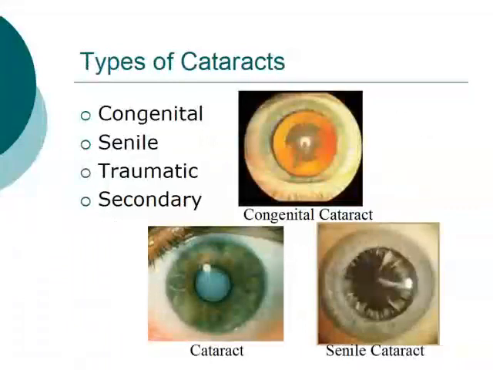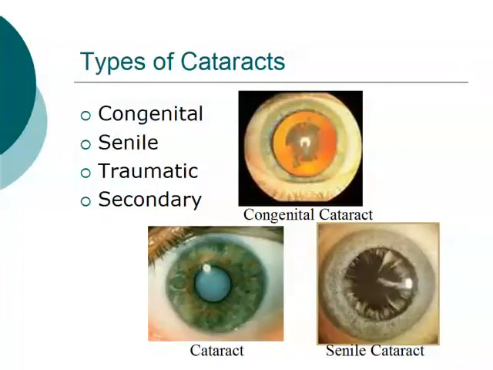Congenital cataracts can be caused by the mother being exposed to the rubella virus during the first trimester of pregnancy. Senile cataracts are just associated with the aging process. They're not really preventable; they just happen as you get older. Traumatic cataracts we talked about earlier.